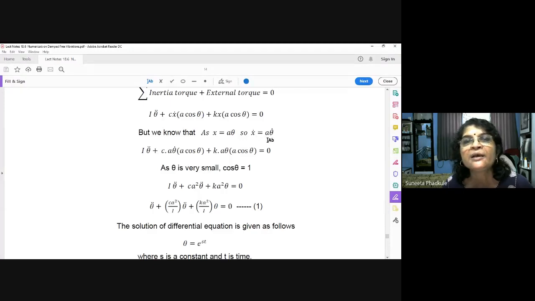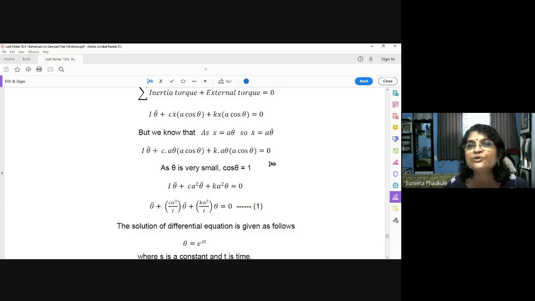So I theta double dot, first term as it is, plus C into x dot, which is A theta dot, and A cos theta as it is, plus K as it is, and x is A theta, into the bracket A cos theta, is equal to 0. Now you know that as these are vibrations, theta is very, very small. So whenever a sine theta term is there, sine theta is equal to theta, and cos theta is equal to 1.